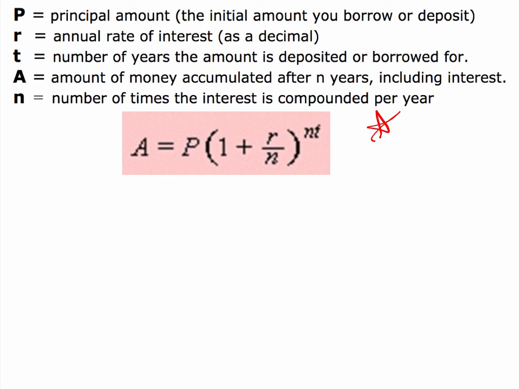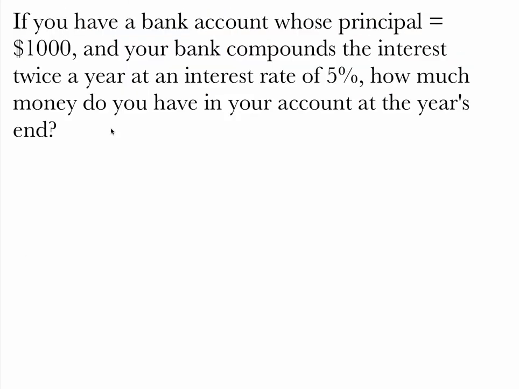The easiest way to explain this one, I personally think, is to do a few problems. Suppose you have a bank account whose principal is $1,000, and your bank compounds the interest twice a year at an interest rate of 5%. How much money do you have in your account at the year's end? Well, let's see. The principal is 1,000.